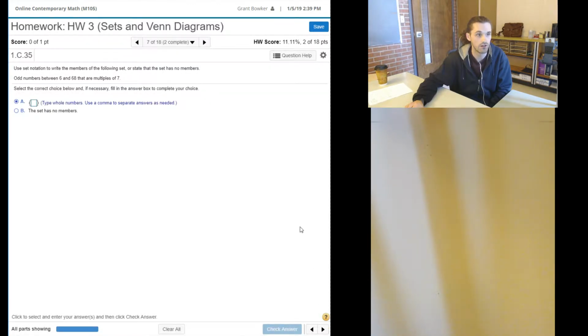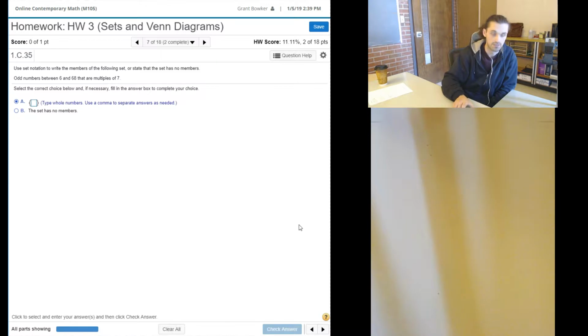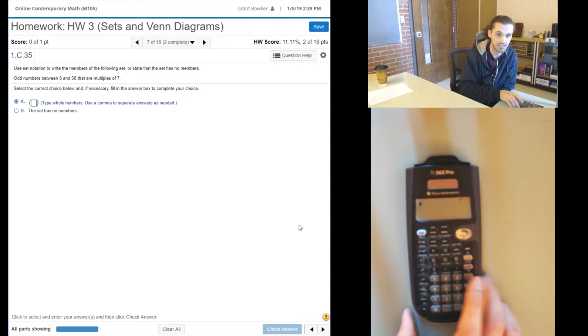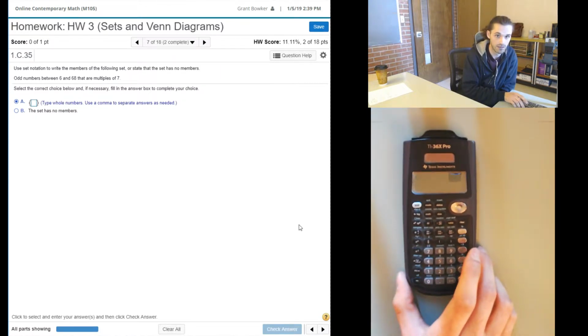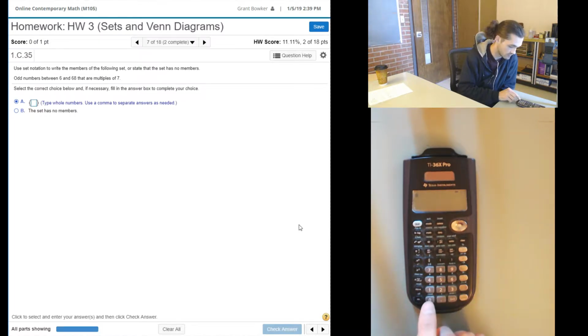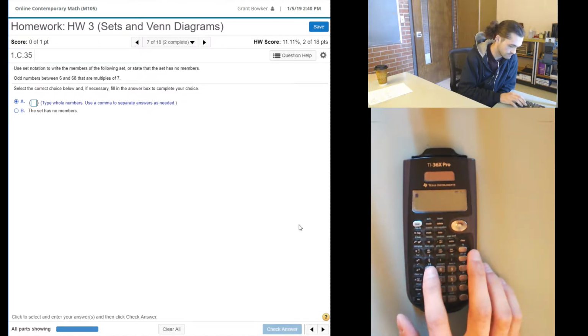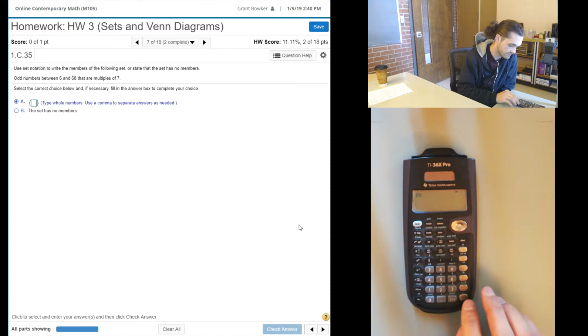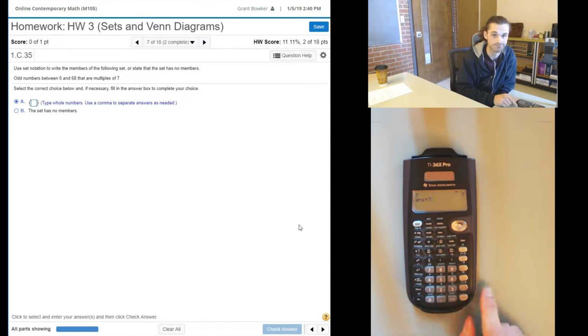All right. Odd numbers between 6 and 68 that are multiples of 7. Okay, so we want multiples of 7, so I'm going to grab my calculator. So 7, enter, and then I want to add 7 for another multiple of 7.